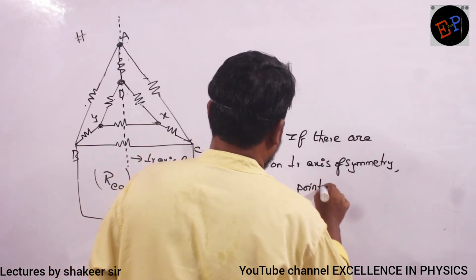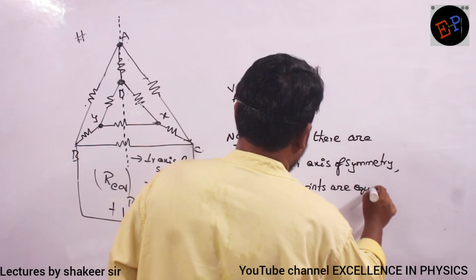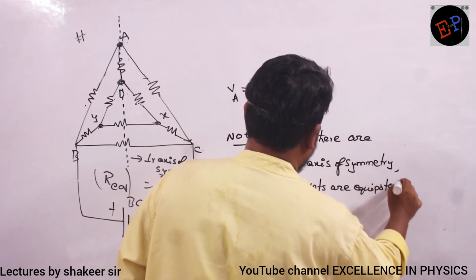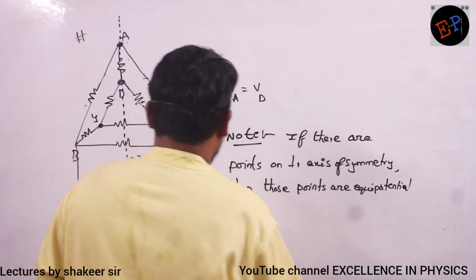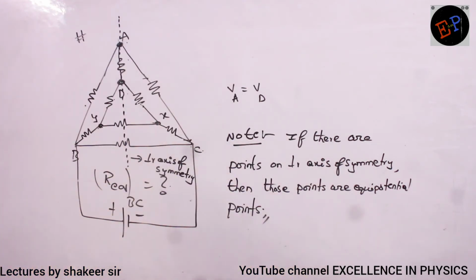Okay? So point A and point D, definitely they are equipotential points.